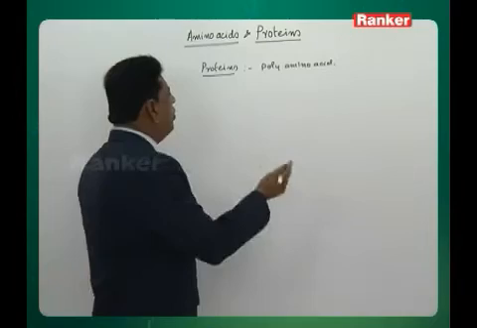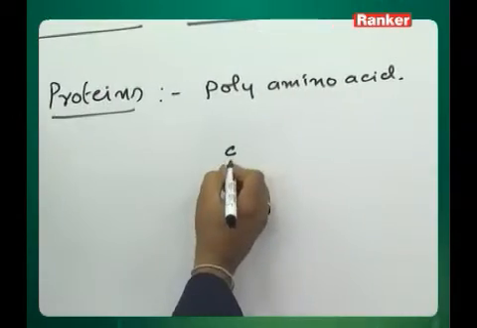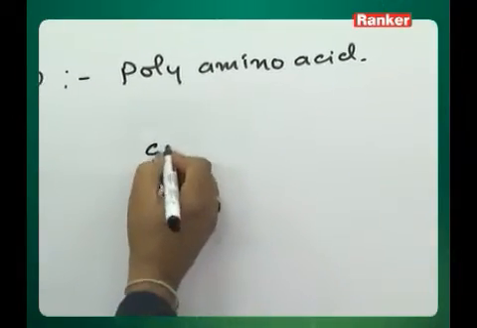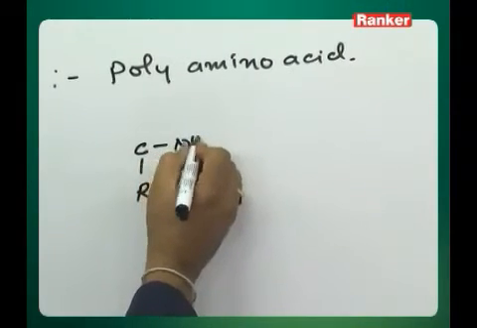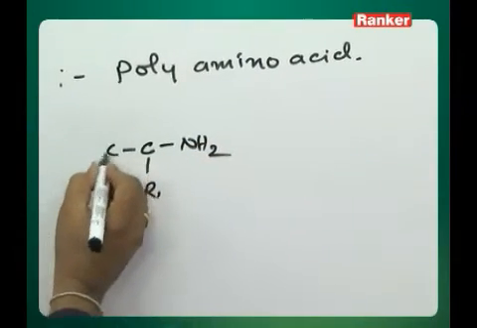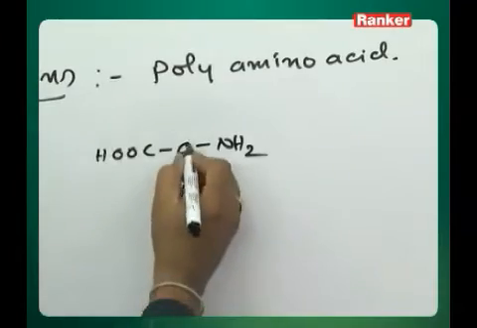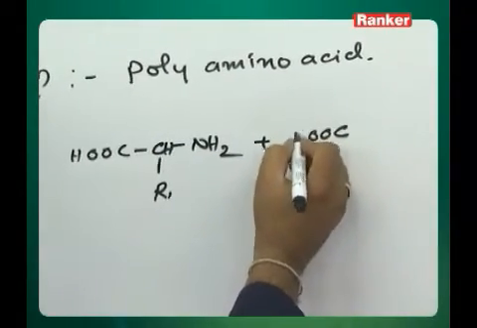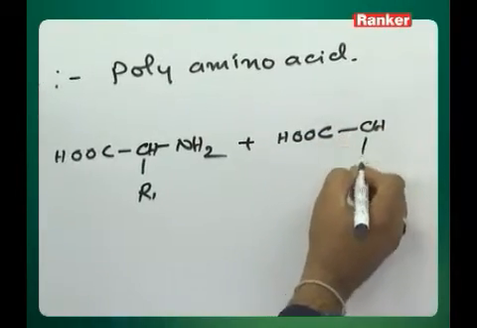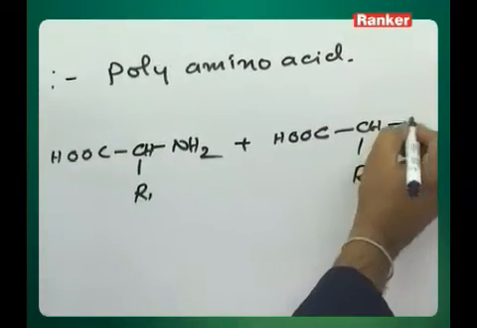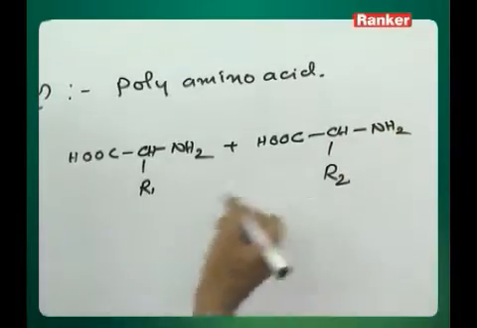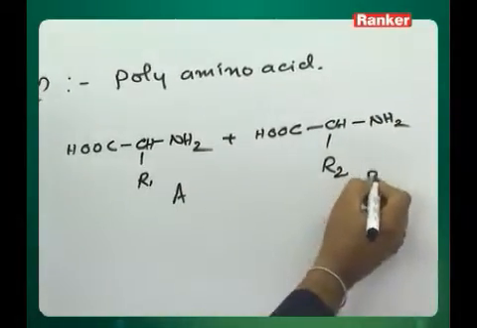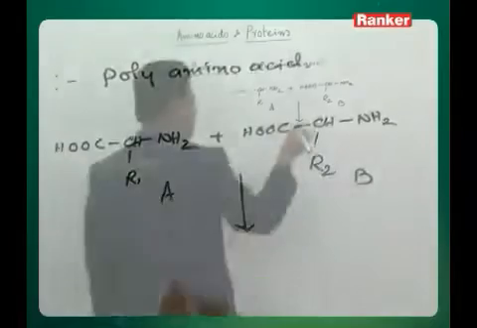These amino acids react and will give, let us take an R1 containing amino acid reacting with a COOH of an R2 containing amino acid. We have taken 2 different amino acids, let us call them A and B. These 2 are joined now.